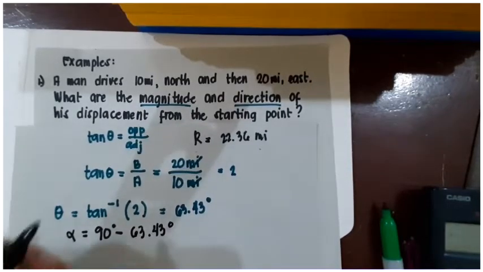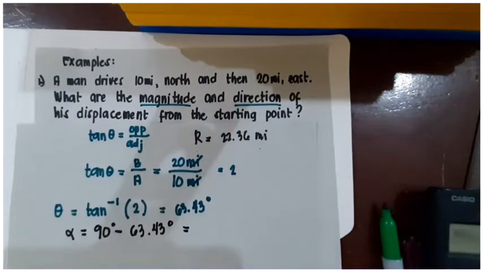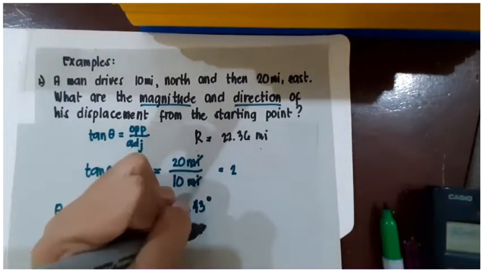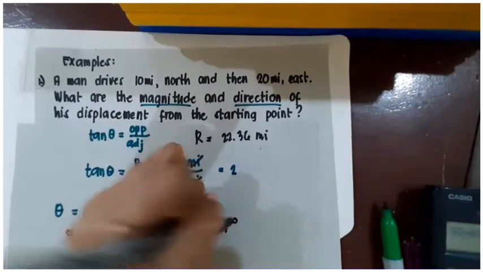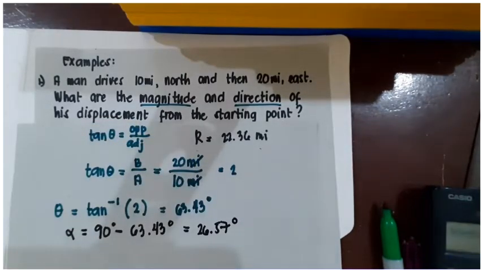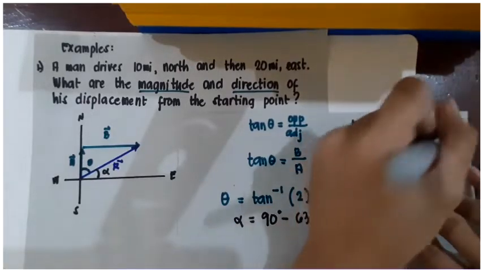This will give you 26.57 degrees. Okay, so in this case, you have two angles, or we solved for two angles.